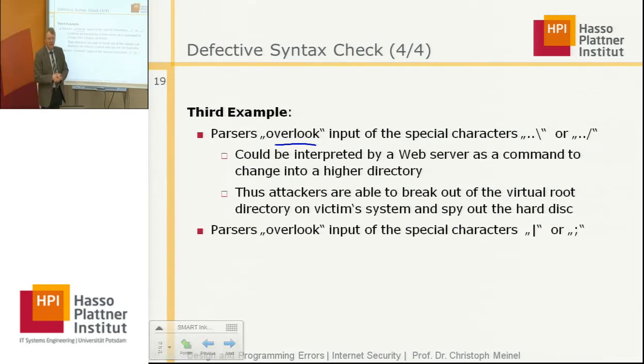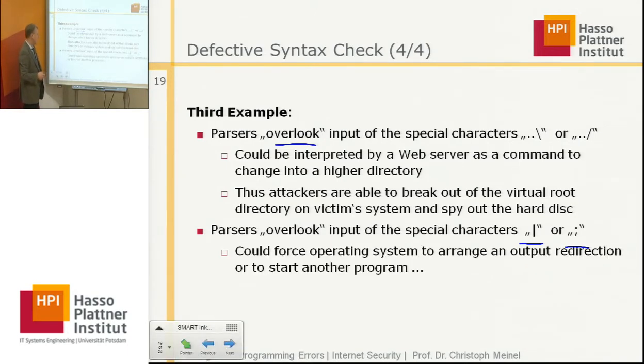Another error that often occurs when the syntax check is not performed correctly is that these special characters, the straight line and the semicolon, are overlooked, are not correctly recognized. This could force the operating system to arrange an output redirect to start another program.